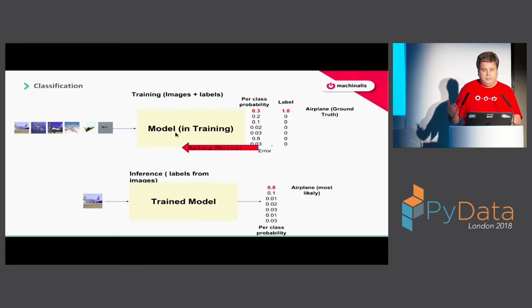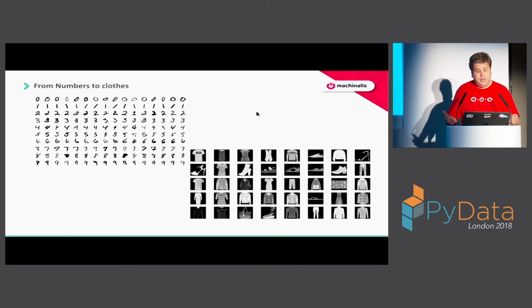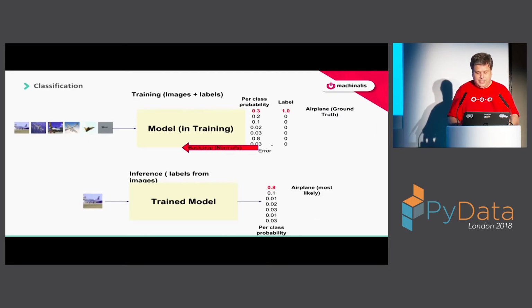Our model will in some way process all the information and show us a vector representing the probability of the image being of a determined class. For example, let's suppose this class is the airplane class, so it outputs something like 0.3.